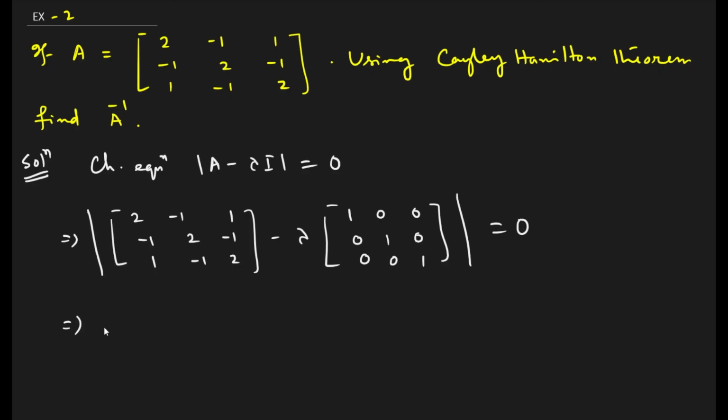This is 0. So we get 2 minus lambda, minus 1, 1, minus 1, 2 minus lambda, minus 1, 1, minus 1, 2 minus lambda.